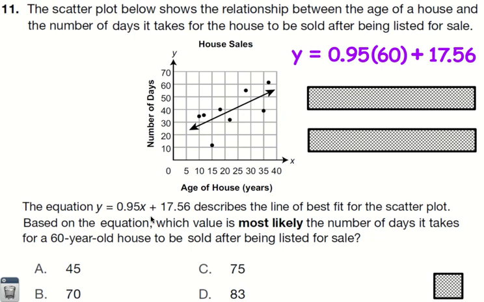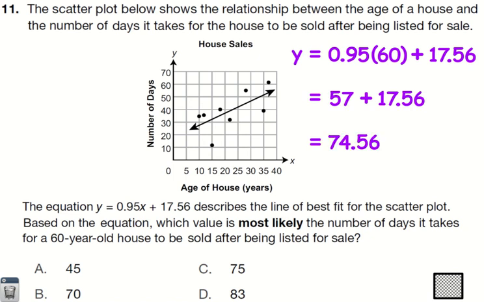Just plug in 60 for x because it's an age. Thank you very much. So crunch those numbers and you get 74.56 days it would take to sell. So by far the best answer here is C, 75.